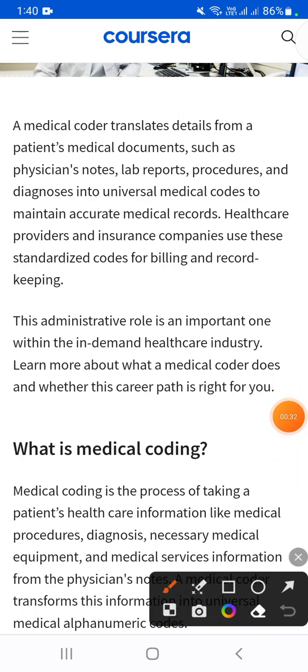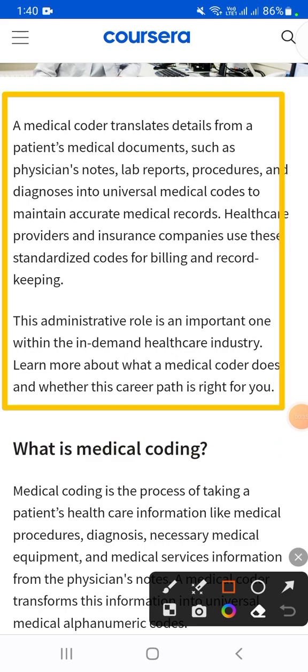You can see here on the screen, a medical coder translates in detail from patients' medical documents such as physician notes, lab reports, procedures and diagnoses into universal medical codes to maintain accurate medical records.